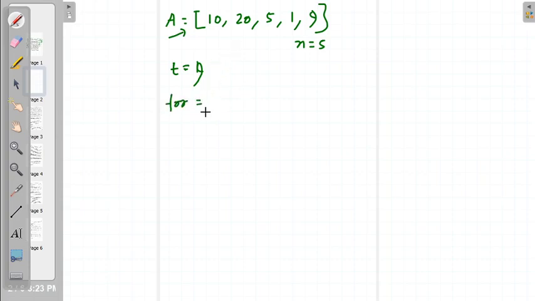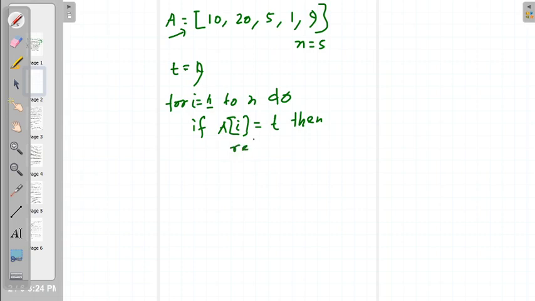This is from Roughgarden, I have taken. So for i equals 1 to n, you can do: if A[i] equals t, then return true, else return false.